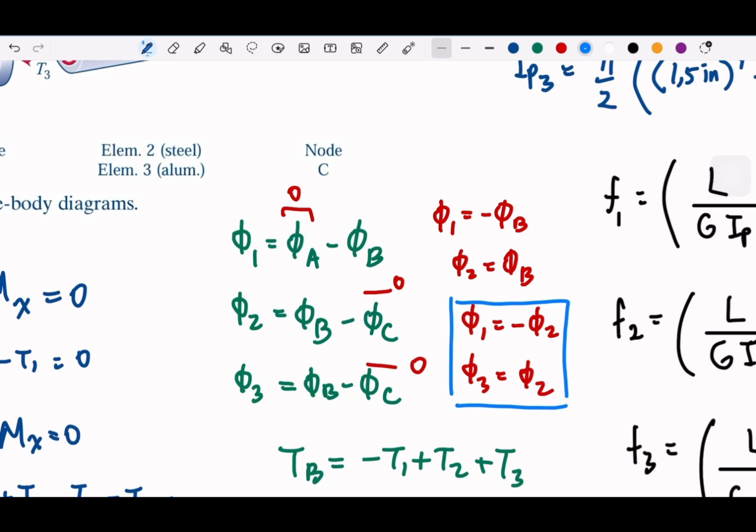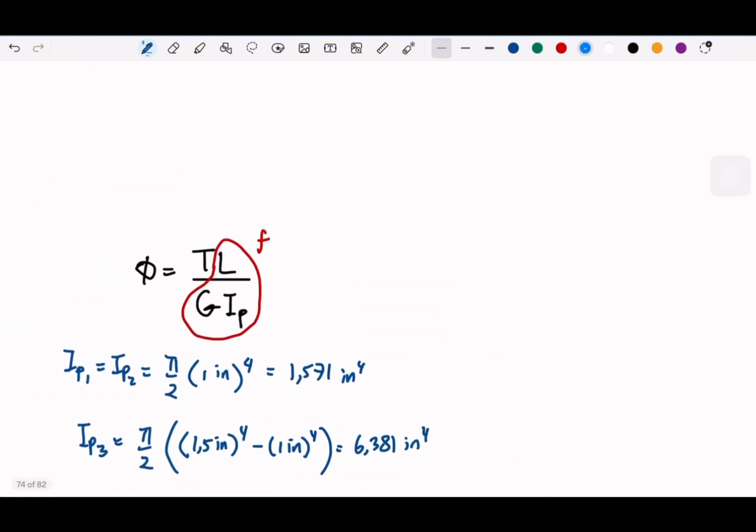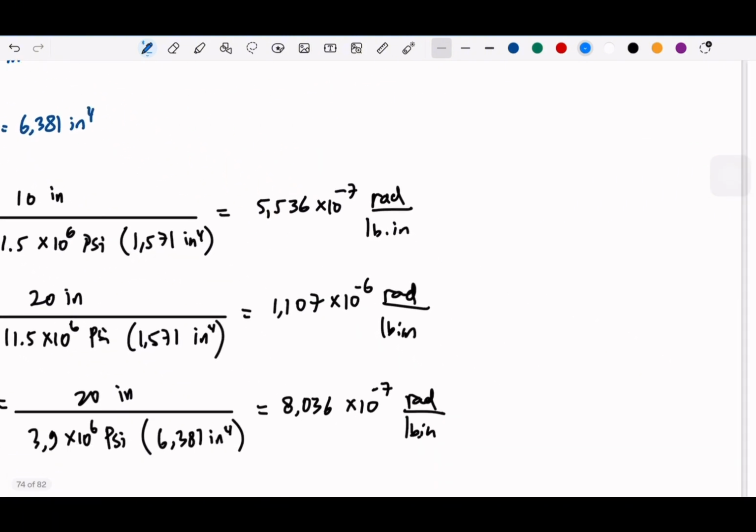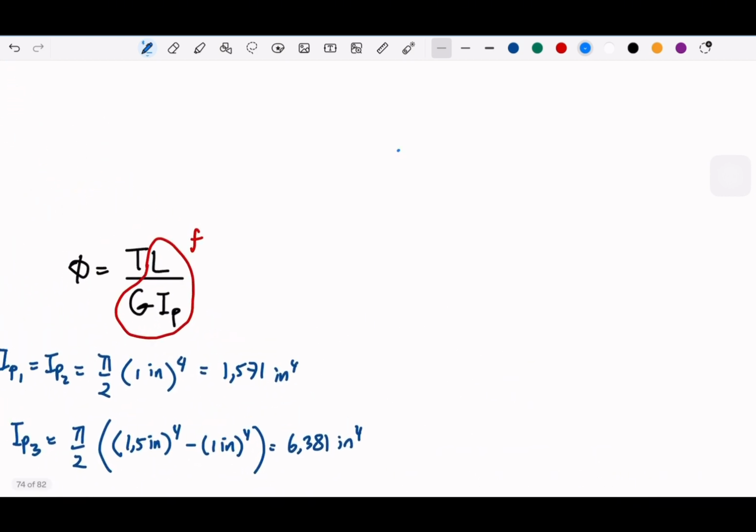Okay, now because we have this and we know that the twist angle is based on this, so we can write here the twist angle 1 is T1 F1, right? Twist angle 2 is T2 F2. Okay.